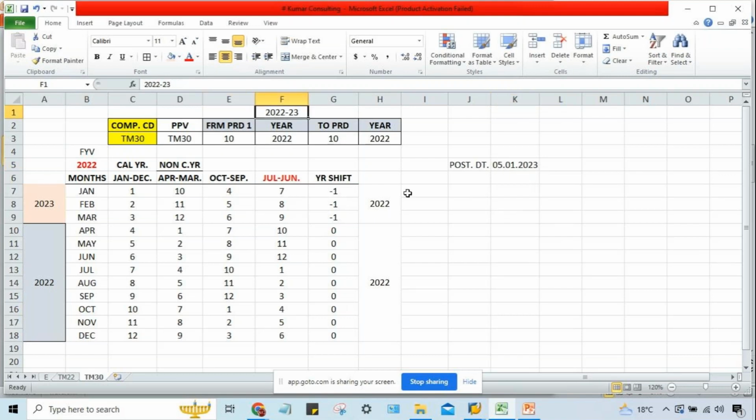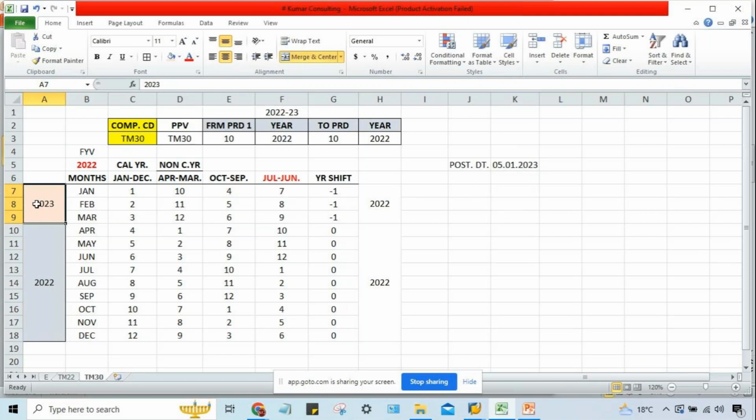I said 2022 and 23. Why 22, 23? Actually it is 22 itself, but 23 is also specified because one quarter is falling in 23. That is why people say, which financial year? 22, 23? 23, 24? Like that.